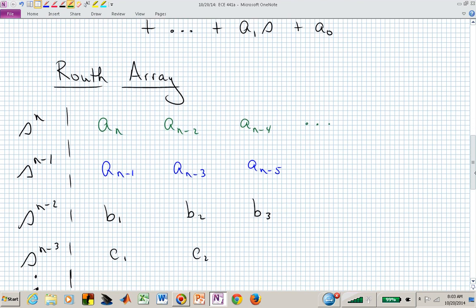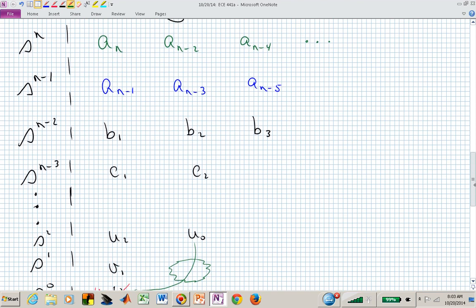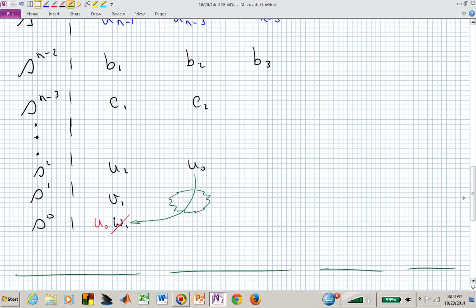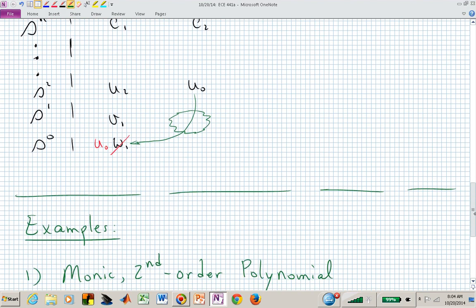Then we can build the rest of the Routh array, and I'm just labeling those B1, B2, C1. We keep going. The bookkeeping is on the left. That tells you how many rows you should be generating in this Routh array. And you will get down to the s to the 0, or the constant row, in your construction of the Routh array, and then you can start to make some decisions.